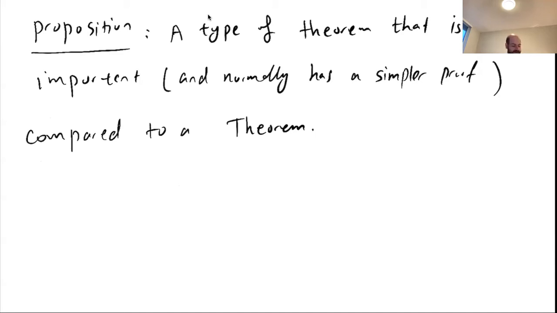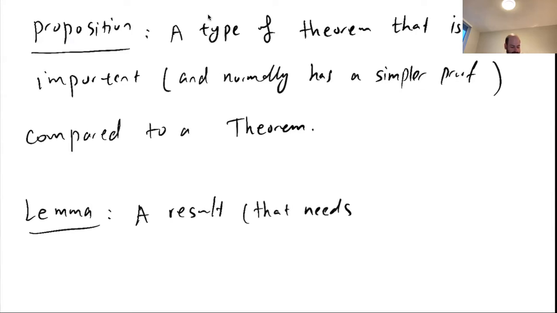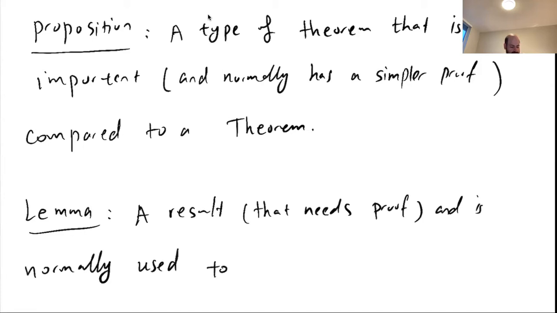We also have another term called lemma. This is a result that also needs proof and is normally used to prove a theorem.